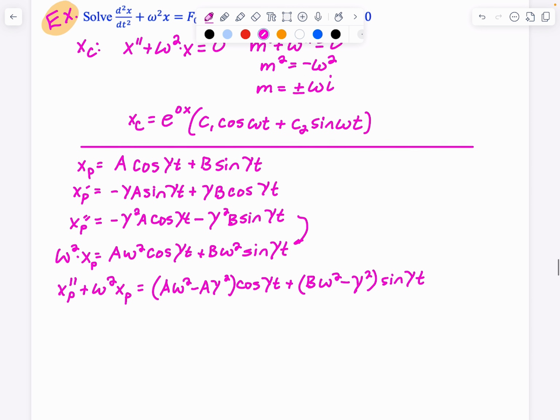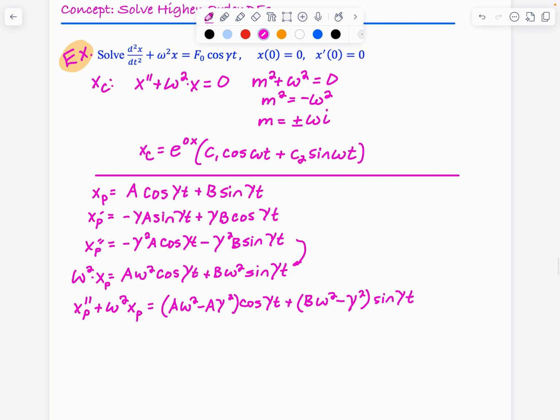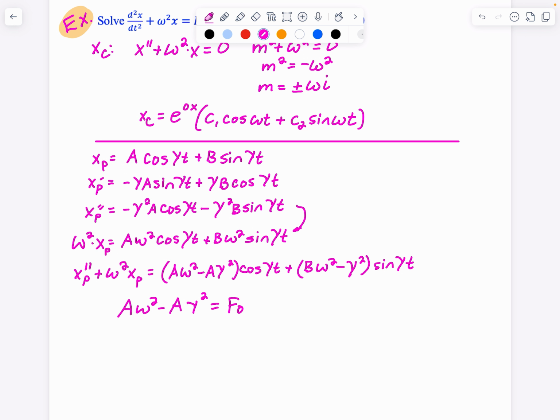Okay, following our method here, a omega squared minus a gamma squared must be equal to f naught, because it's in front of cosine. And then I also have that b omega squared minus b gamma squared is equal to 0.